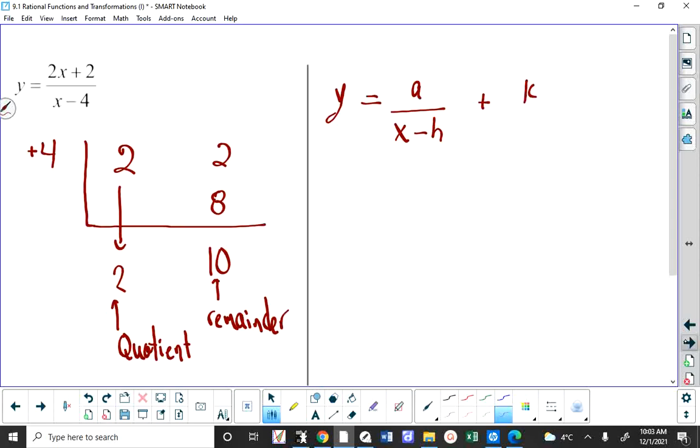And the division algorithm, the rule that connects the divisor and the dividend and the quotient and the remainder, leads us to this conclusion that y is equal to the division of these two, which gives us 2, plus the remainder over what you were dividing by.